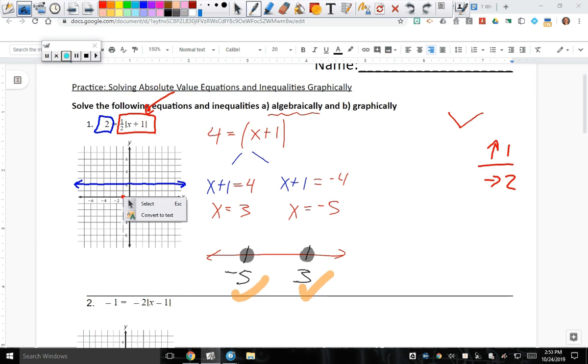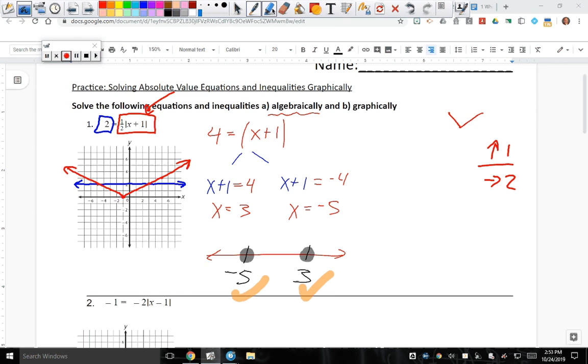Are y'all with me? Okay. So here we go. Up 1 over 2, up 1 over 2, and it just keeps going for days. The other direction, it's going to go up 1, left 2. And it keeps going for days.